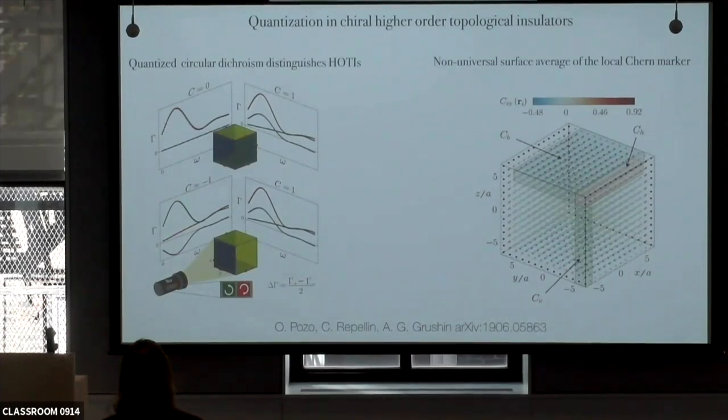This is my final slide. I'm just going to sum up. I told you that the quantized circular dichroism distinguishes different types of chiral higher topological states, basically by measuring the projection of the Hall conductivity to the plane of polarization, and the average of the local Chern marker, or how this local Chern marker is distributed over the 3D space, actually distinguishes the surface of a higher order topological insulator from a trivial Chern insulator, even though you might think that you can deform one into another just by thinking of a sphere, for example.